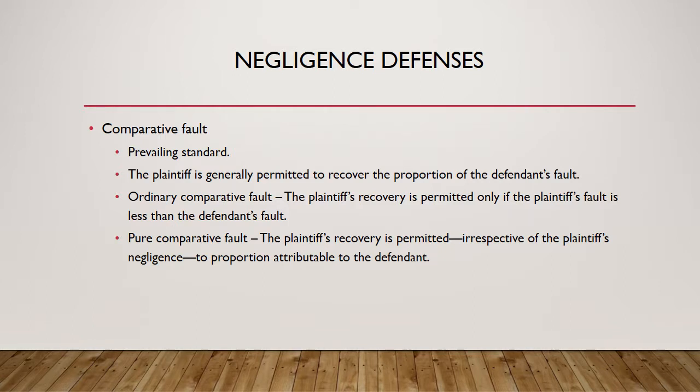So you don't have to have 49% or less negligence on the plaintiff. If the plaintiff is 80% negligent and the defendant's only 20% negligent, in a pure comparative fault state, the plaintiff is going to be entitled to recover that 20%. Under the ordinary comparative fault rules, that plaintiff would be barred from recovery because they're primarily responsible for the accident.